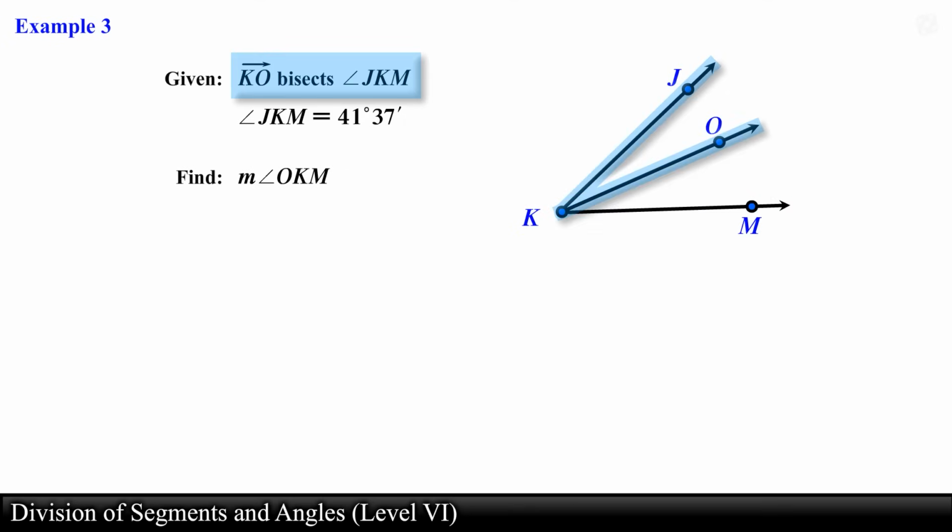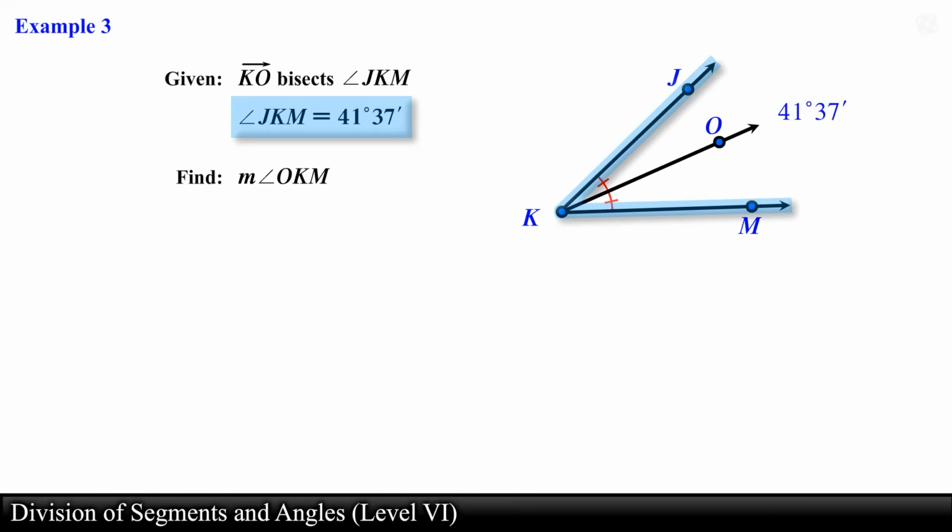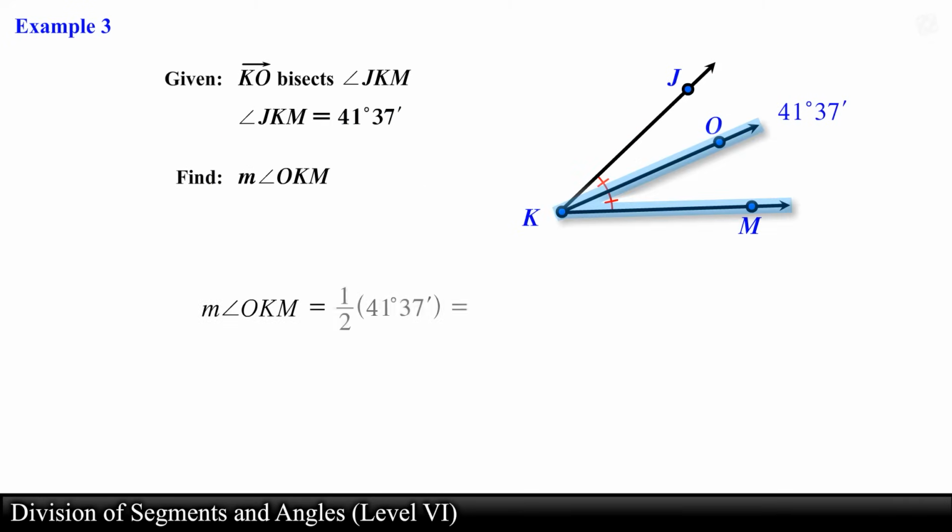This means that angle JKO and angle OKM are congruent, so we draw single arc marks for each angle. We are also given that the measurement of angle JKM is equal to 41 degrees 37 minutes. With this information, we now know that the measurement of angle OKM is just half the measurement of angle JKM.